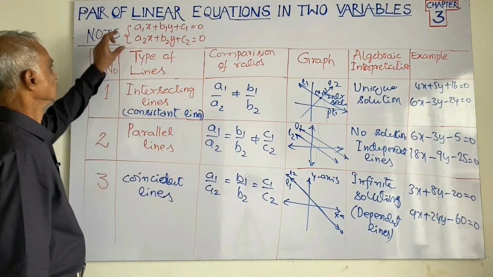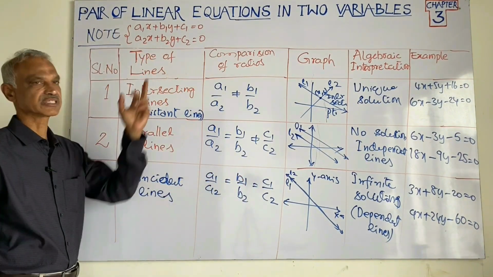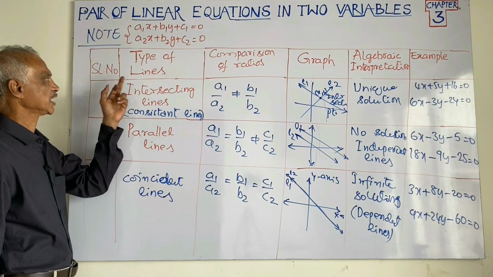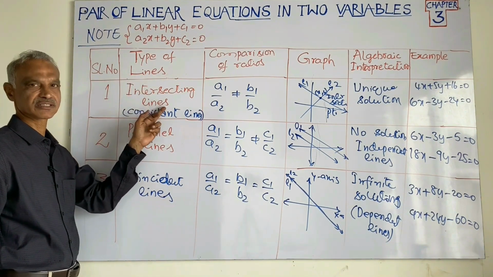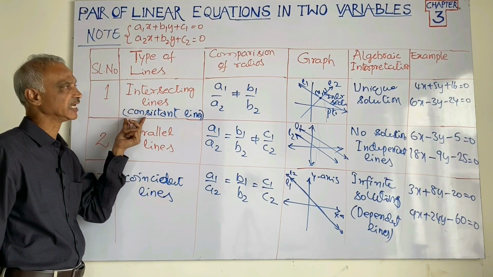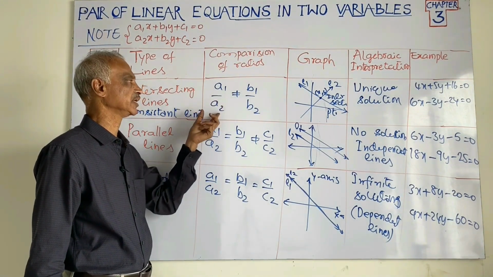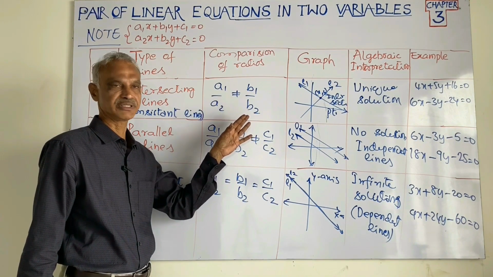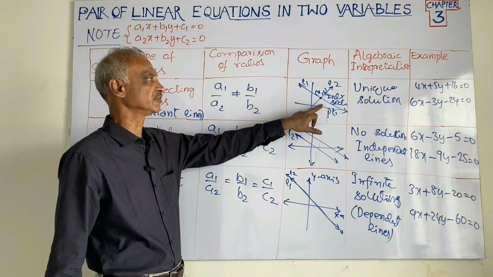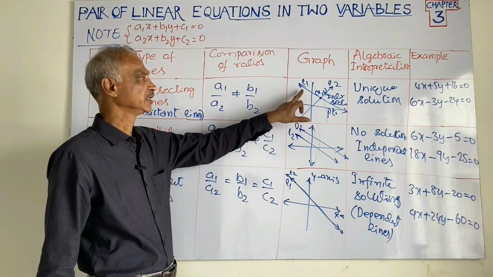You see, these are pairs of linear equations in two variables. Type of lines: intersecting lines. They are consistent lines, and the ratio of the coefficients is a1 by a2 is not equal to b1 by b2. What will the graph be?